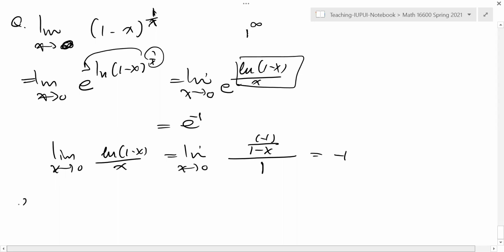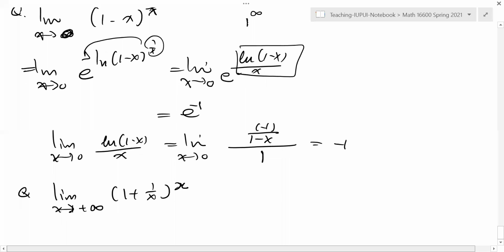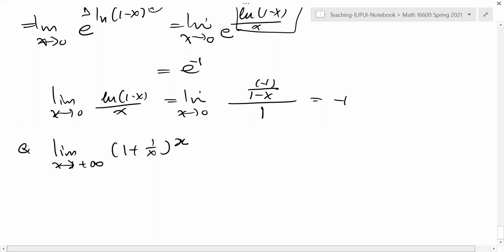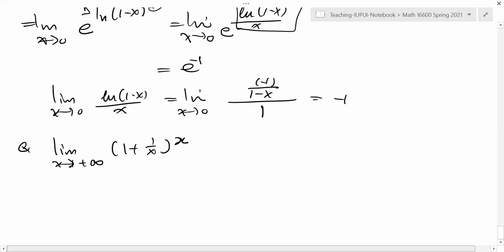All right. Next problem is very similar: the limit of (1 plus 1 over x) to the power x. Let's try this using the same method.